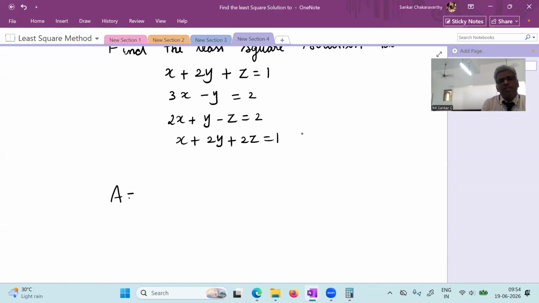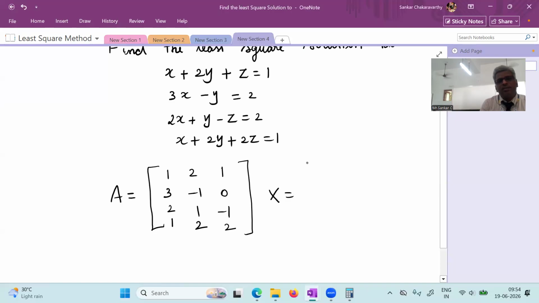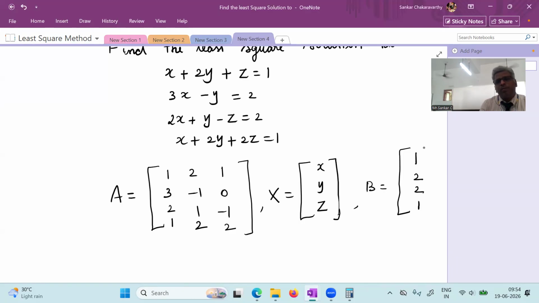That is, the capital A is equal to the coefficients, 2, minus 1, 1, 0, minus 1, and the x vector x is equal to x, y, z, and the B matrix B is equal to the right hand side 1, 2, 2, 1.